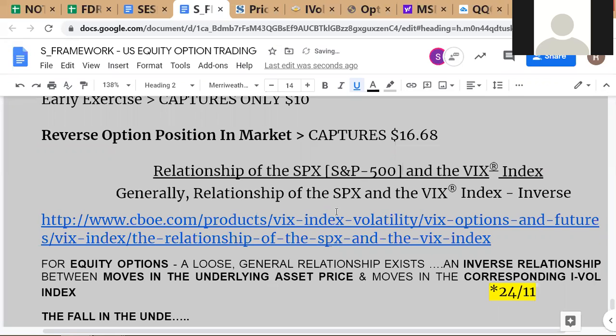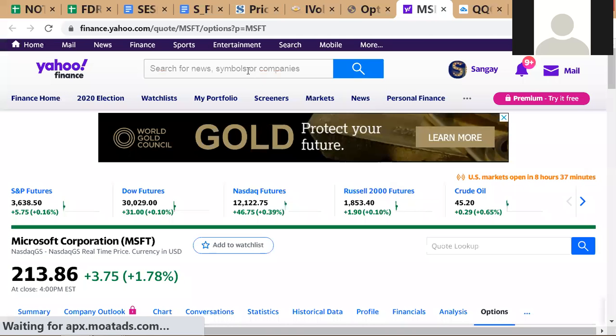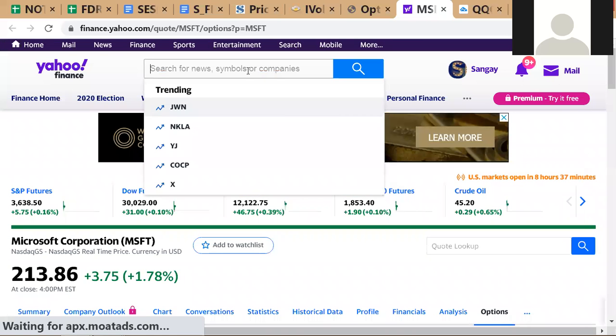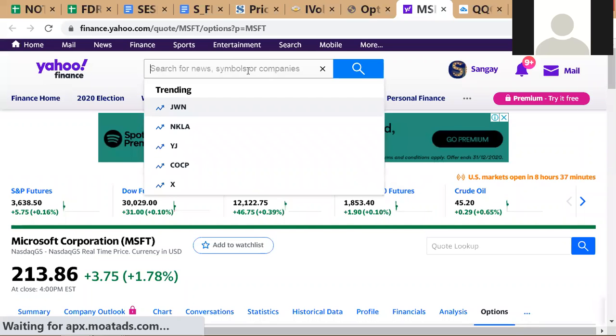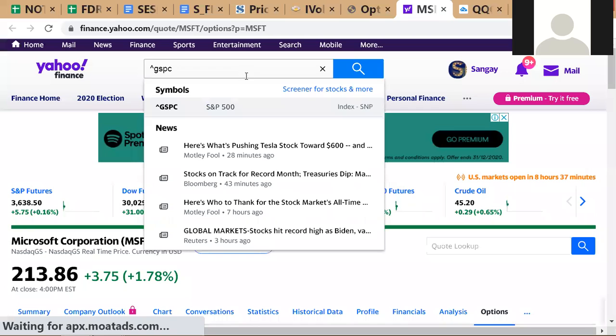So S&P 500 is an index. SPX is just the ticker on many charting systems. On Yahoo Finance, it will be caret GSPC. If you do caret GSPC here, you'll get the S&P 500 index. So this is just a matter of knowing the syntax.